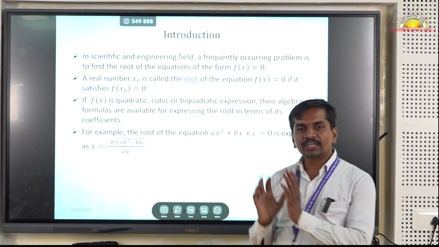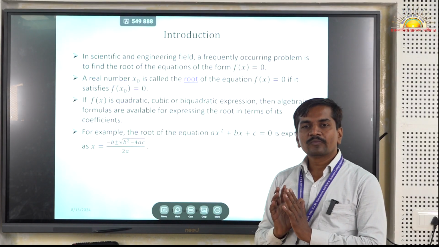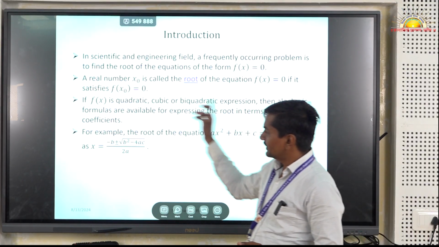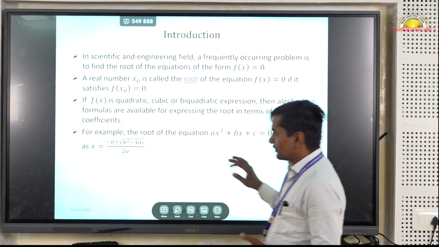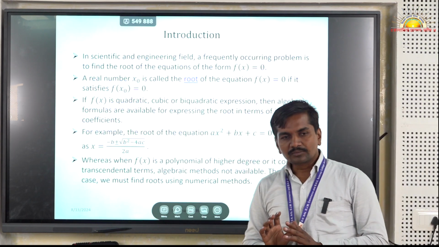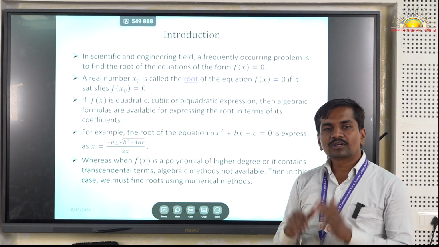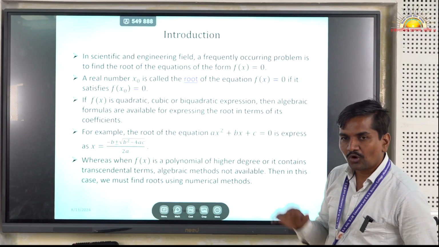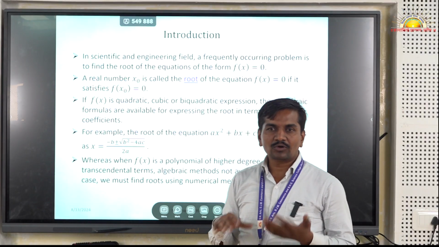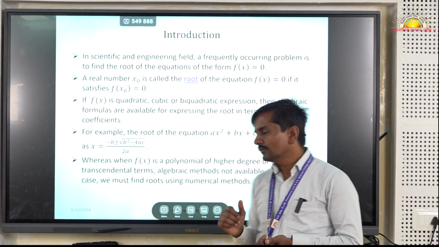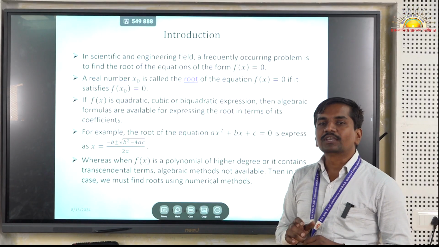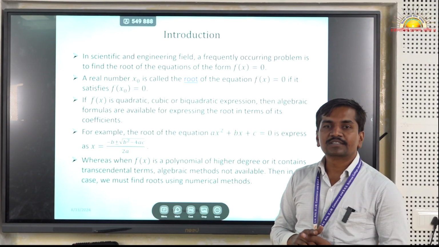That means, if our equation is quadratic, biquadratic or cubic, then its root is expressed in terms of its coefficients. But the problem arises when our equation f of x is a polynomial of higher degree, that means of order five or greater than five, or it is a transcendental equation containing transcendental terms.